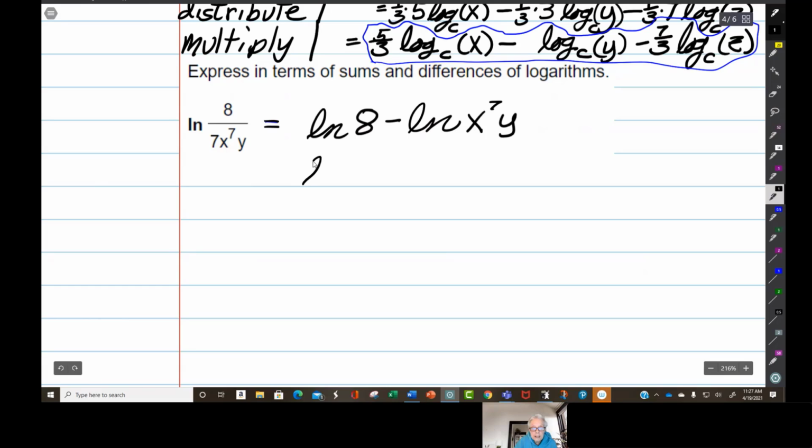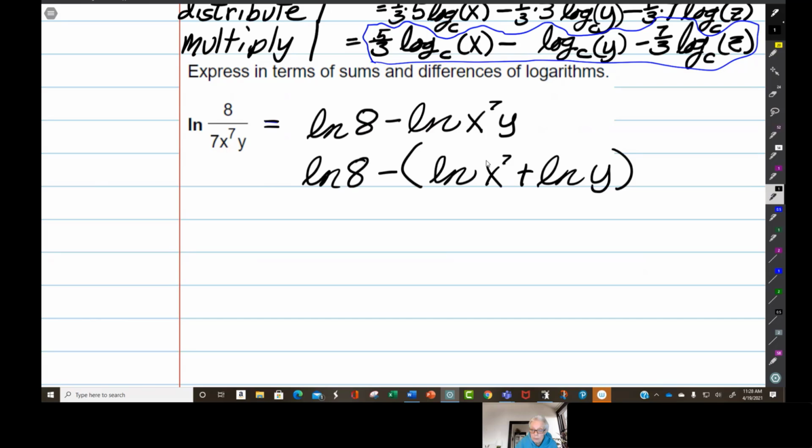So that'll be the ln of 8 minus, we're going to need parentheses here. The ln of x to the 7th plus the ln of y. Oh, I only have one exponent. Oh, I forgot a 7. There's a 7 here. You're kidding me. There's the 7 right there.